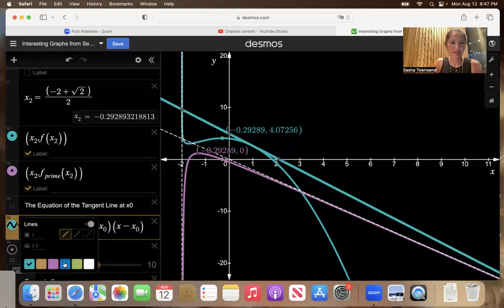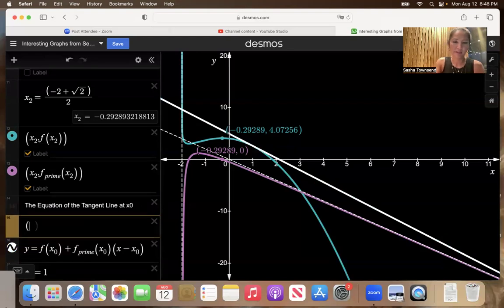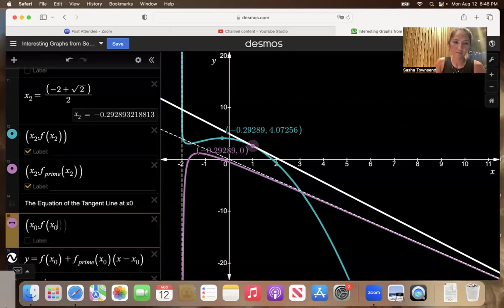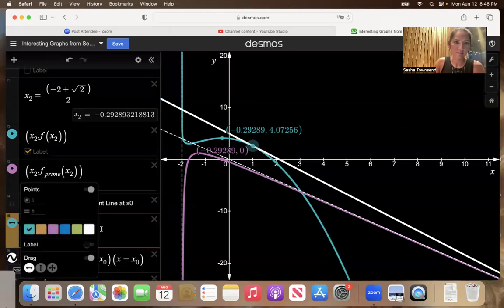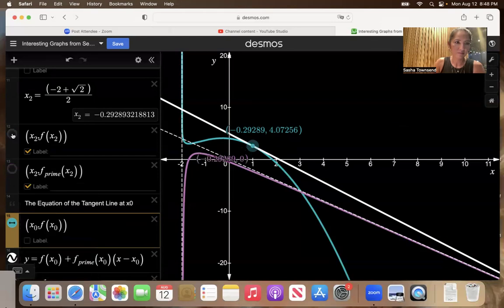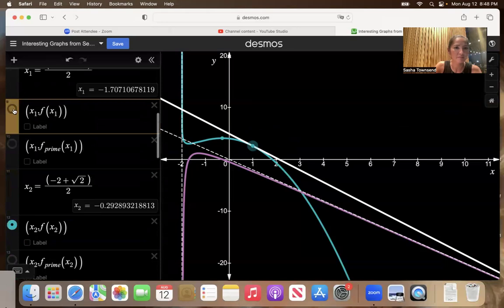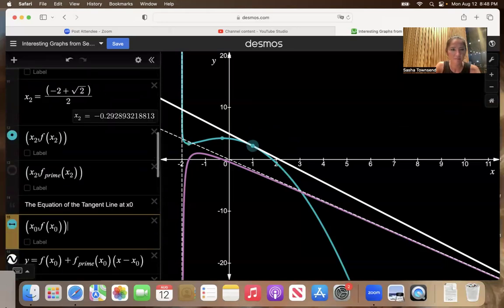And I want that tangent line just to be, let's just say it's white for right now. And make sure we plot the point x naught, f of x naught as well. Maybe I'll plot the relative maximum and the relative minimum there.